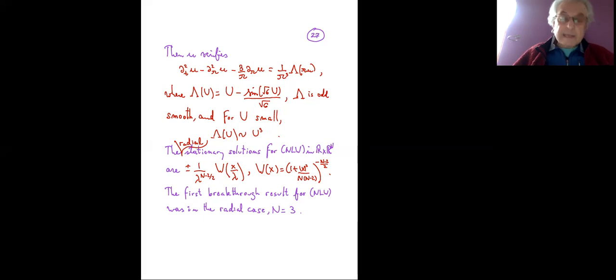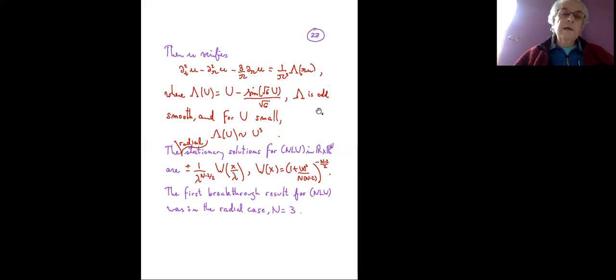And this Lambda is odd, like u cubed, is smooth like u cubed, and for u small, it behaves very, very closely to u cubed. You just do a Taylor expansion to see that. Okay, so that's why the two theories are connected.